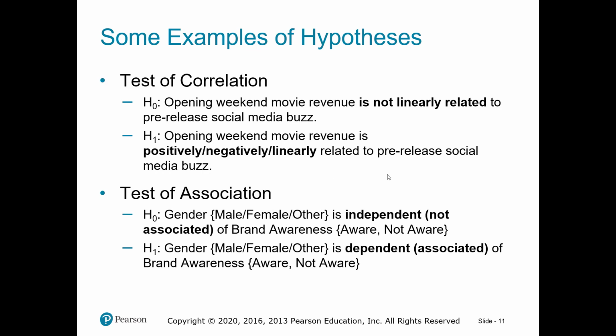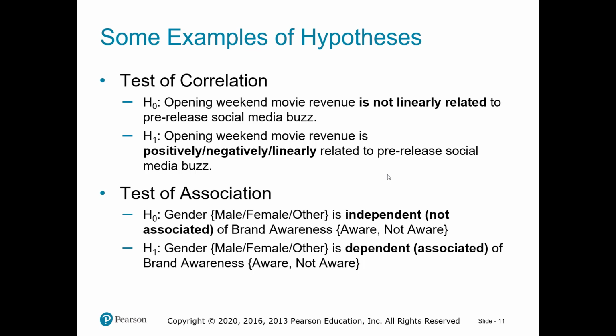So here's another few. We could test a correlation, which we're not doing in this chapter, but we'll probably do in regression. We're testing if movie revenue is related to pre-release social media buzz. And I've got a data set, I'll maybe do that in the regression chapter, which has pre-release social media buzz in terms of tweet rates per hour and opening weekend movie revenue. The null hypothesis is these things are just not related at all.